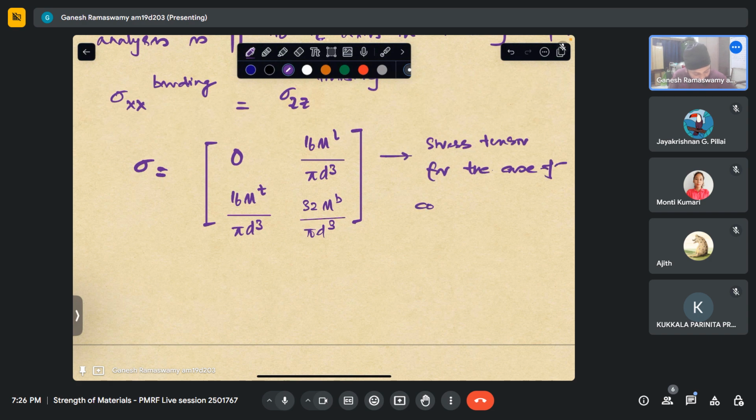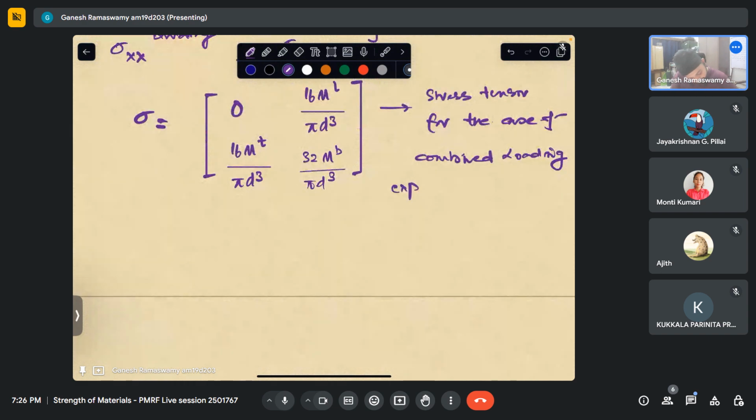Combined loading meaning bending as well as twisting, expressed in the theta z coordinate system. So that is all there is to it.